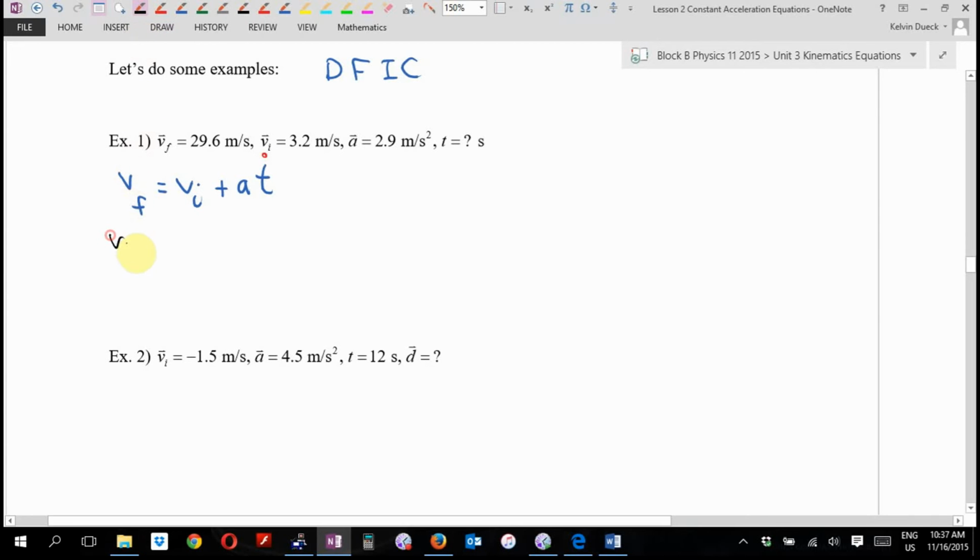I guess the VF would just drop down like a domino. Derek said I would minus the VI over. Now that would leave me with, don't write this next bit down, just imagine it. That would leave me with that. That would drop down. But how did you say I'm going to move the A over?